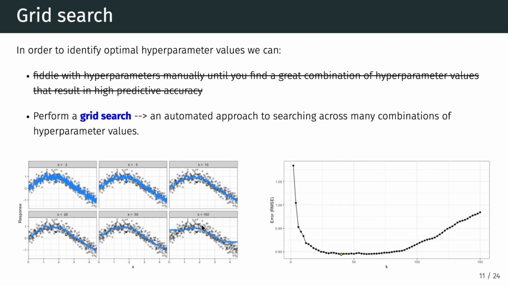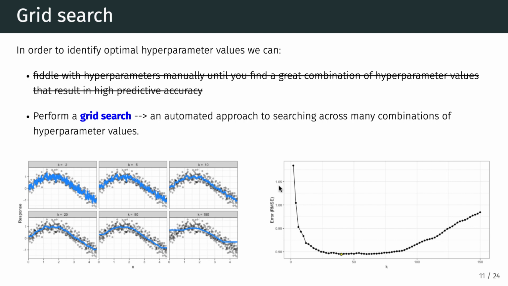Or maybe we search 10 values spaced out evenly between 2 and 150. And we're going to apply this model and record the cross-validated generalization error for each of the values for the hyperparameter. And then we can look at which one actually optimizes our results.